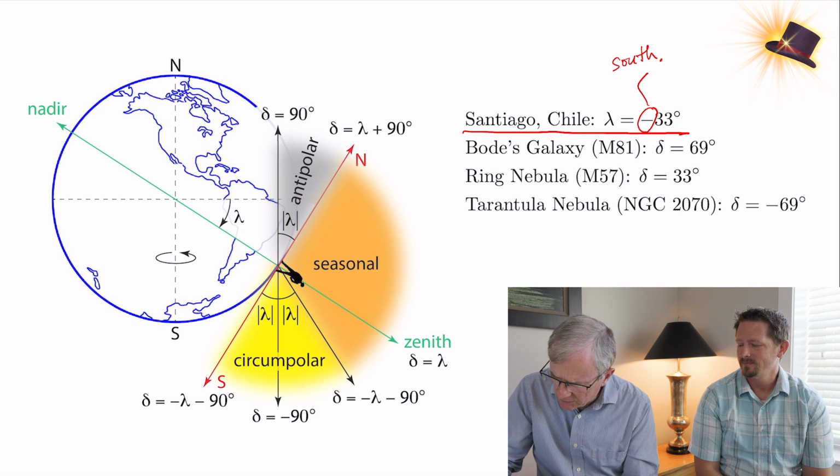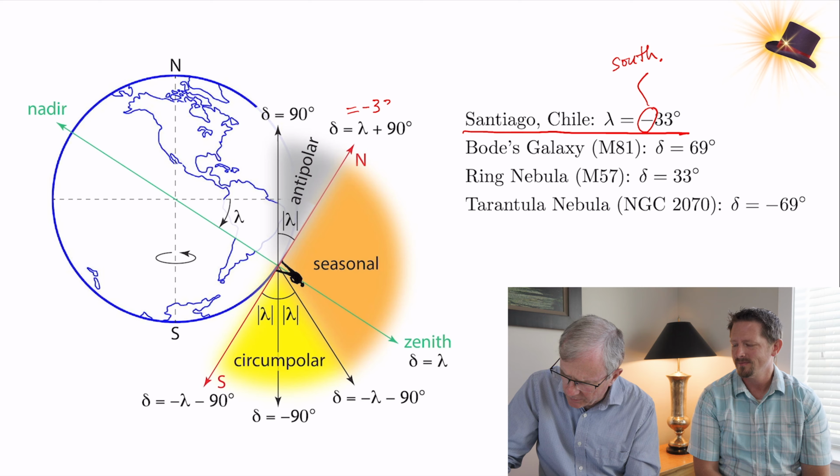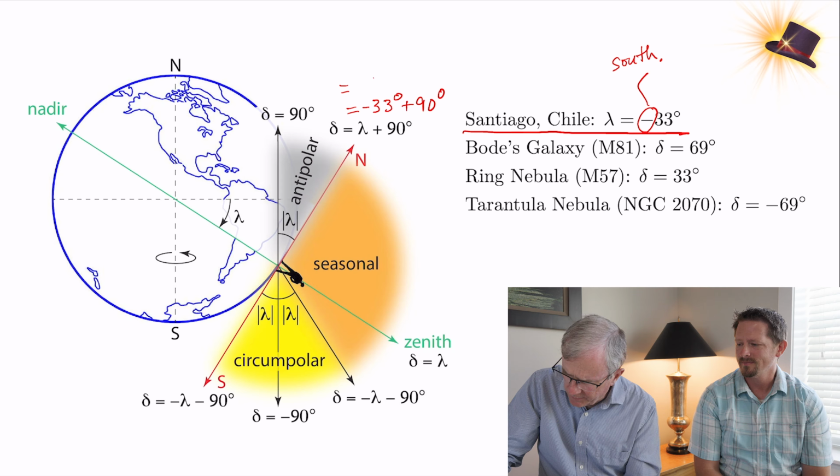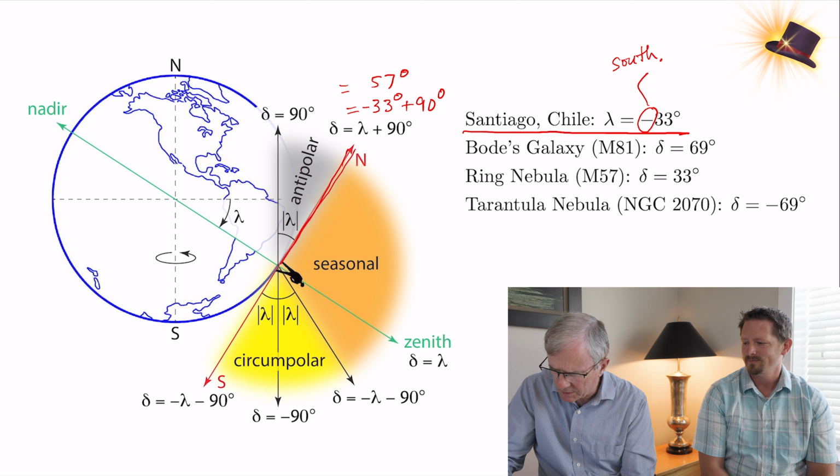Negative 33 degrees plus 90 degrees is going to be 57 degrees for the dividing line between antipolar and seasonal.